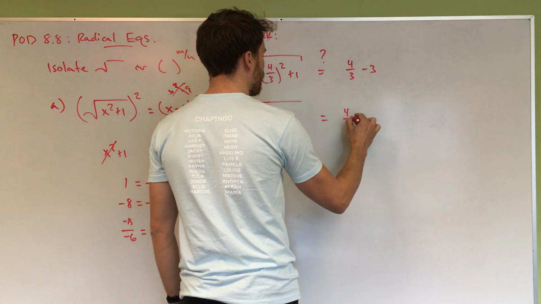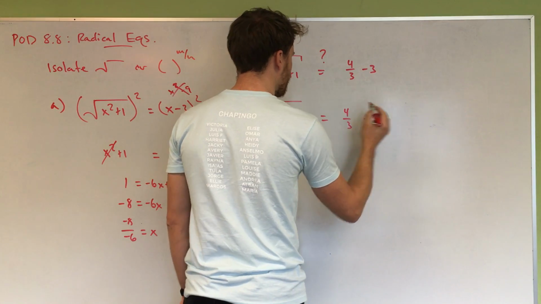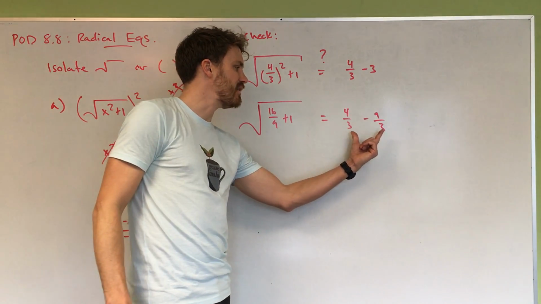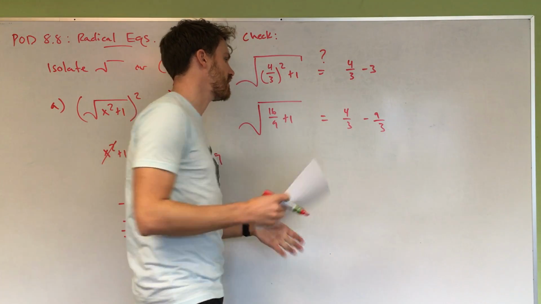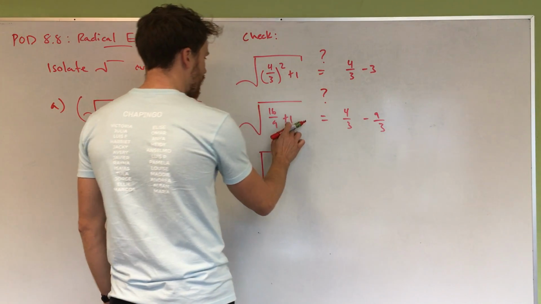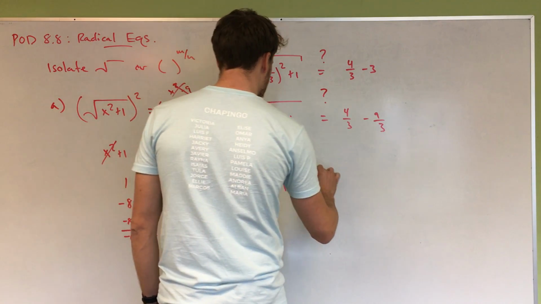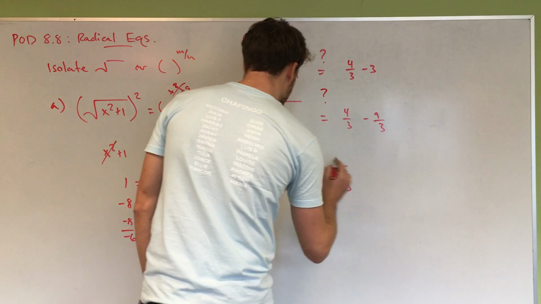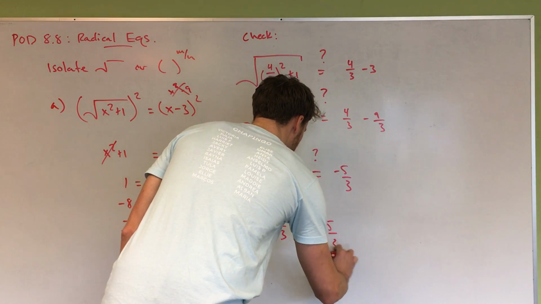Does it equal 4/3 minus 3 times 3 is 9, 9/3? Why is this not going to work? Because this is going to be negative, that's going to be positive. So this is not going to work, I already know, but let's follow it through. 1 is 9 ninths, so this is 25 ninths. Does the square root of 25 ninths equal negative 5/3?